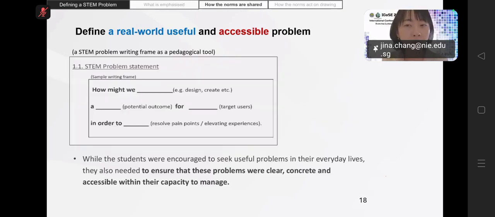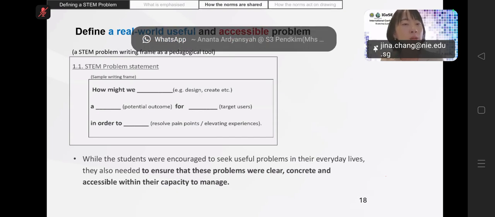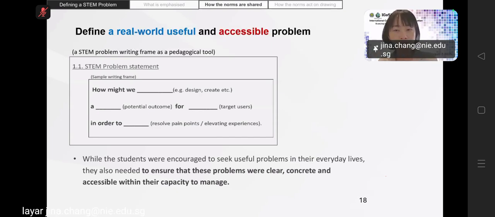And to make these problems more useful, accessible and manageable, the instructors started to use this writing frame as a pedagogical, instructional, educational tool. It says, how might we design or create something for the target user, for the elderly or for Singapore people or Indonesian people, students and so on, in order to resolve the pain points or elevate the experience, right?